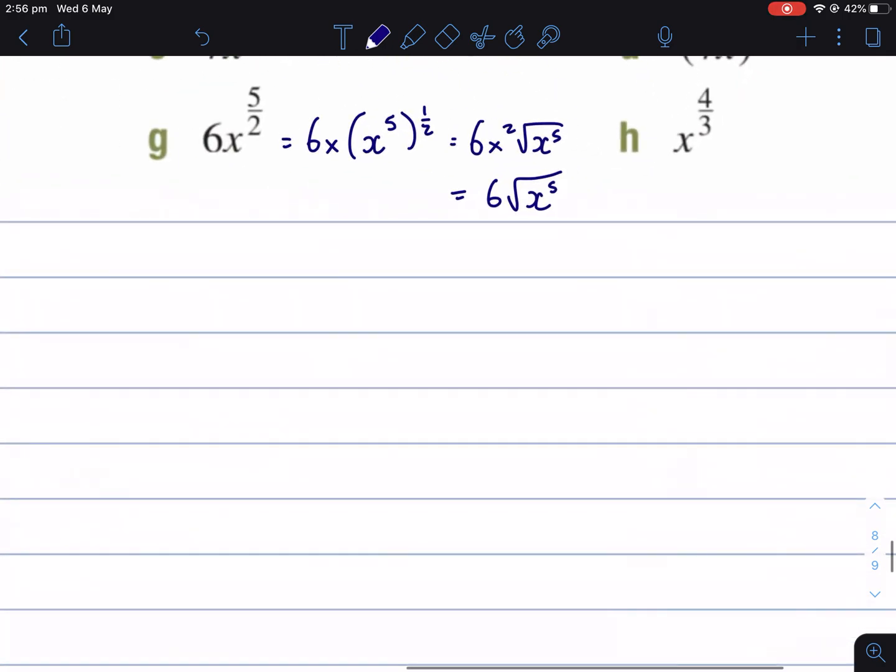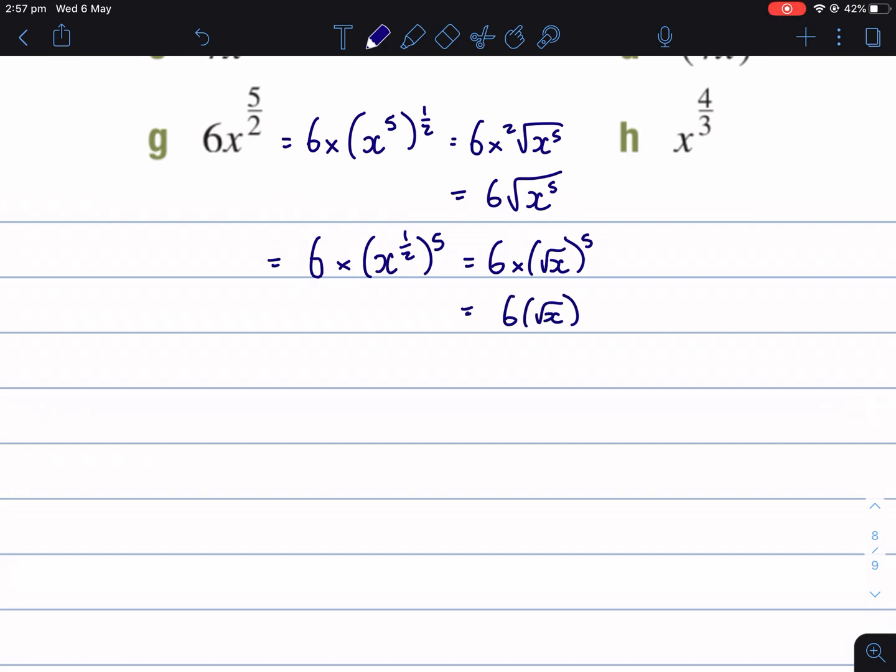Or you could have had 6 times x to the half to the 5, 6 times root x to the 5. I just want you to understand that this and this are the same, but this is how we prefer to write it.